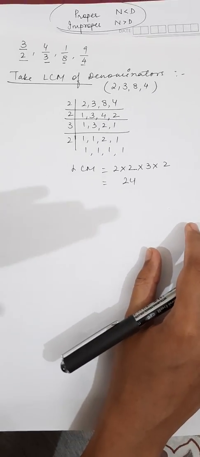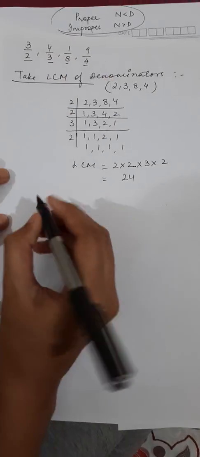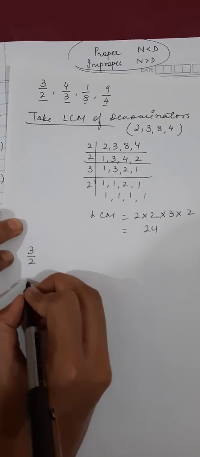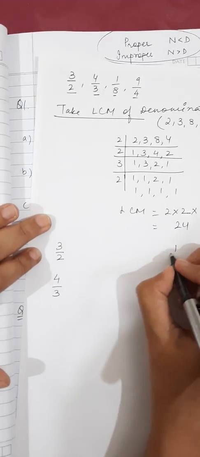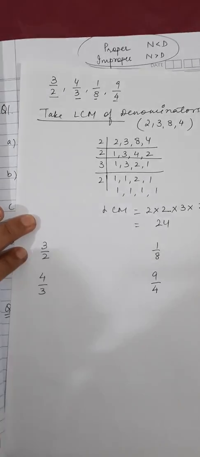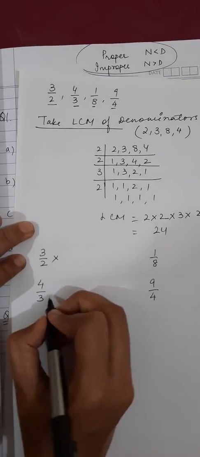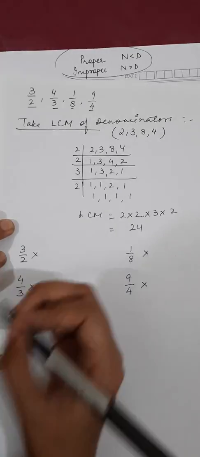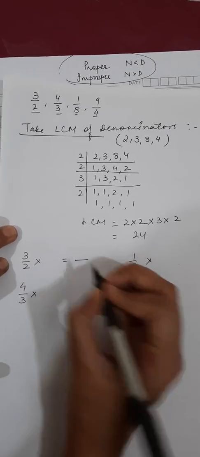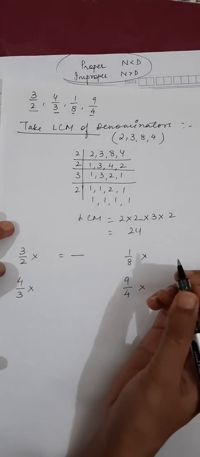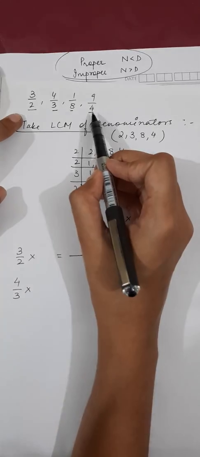Now my next step is that I am going to write these fractions: 3 upon 2, 4 upon 3, 1 upon 8, 9 upon 4. Written. Now I have to multiply each of them. Basically I have to make my denominators the same.